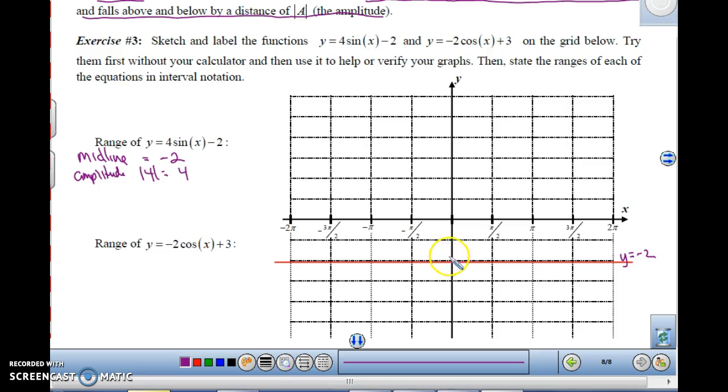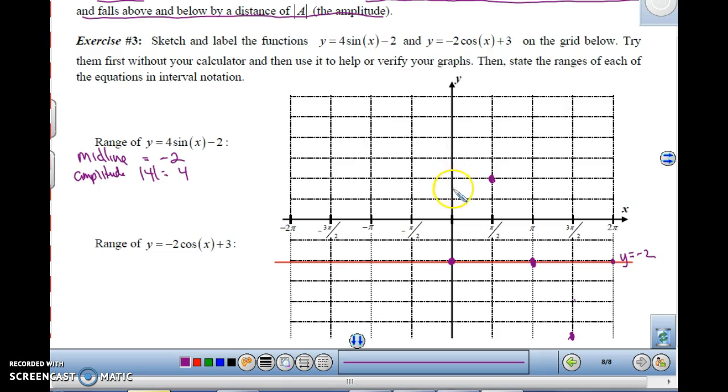So that would be here. Now the next one would be at 1. It's going to be 4 units above the midline. All right, so normally it would go up here, but it's going to be 4 units above the midline. 1, 2, 3, 4. And then it goes back to 0. And then it would be 4 below the midline. 1, 2, 3, 4. And then back to the midline.